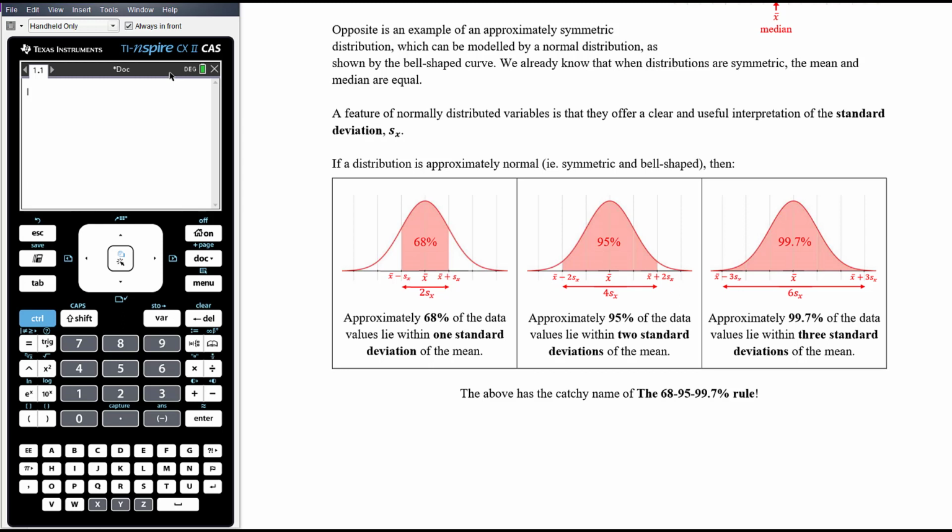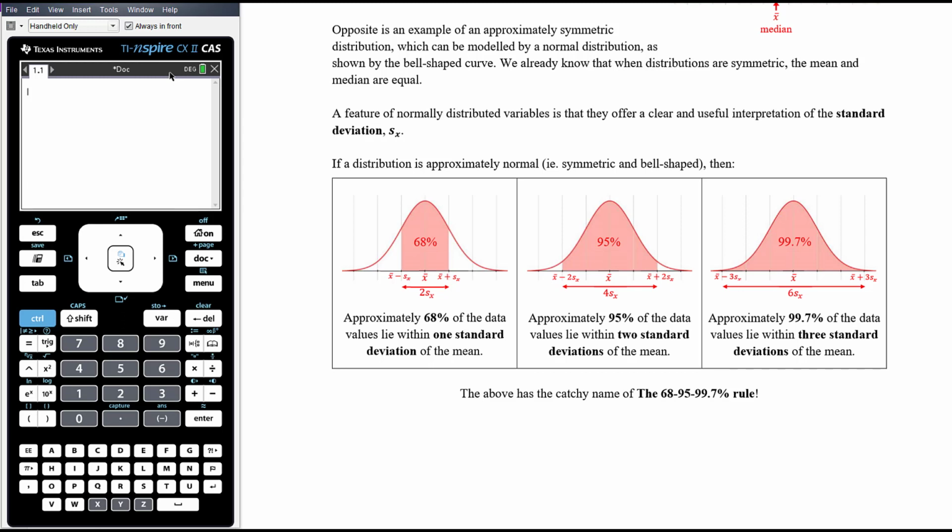If we have an approximately normal distribution, we know that approximately 95% of the data values will lie within two standard deviations of the mean. And approximately 99.7%, so pretty much all of the data values, should lie within three standard deviations of the mean.